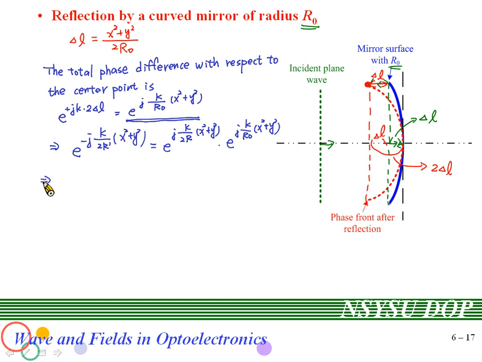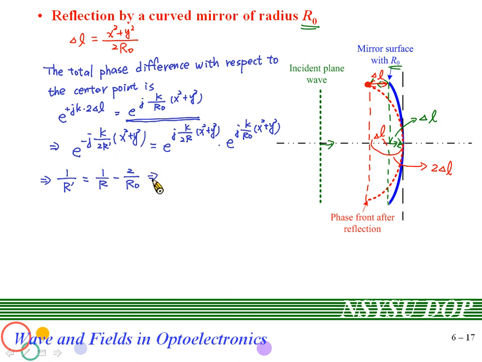So, based on the phase term shown here, we can conclude that the inverse of r prime will be equal to the inverse of r minus 2 over R0. R0 is the radius of the curved mirror.